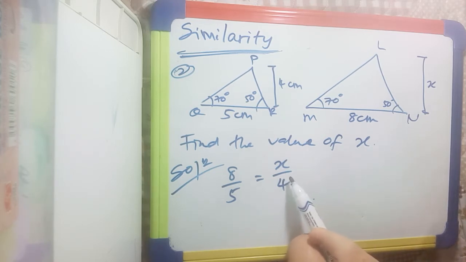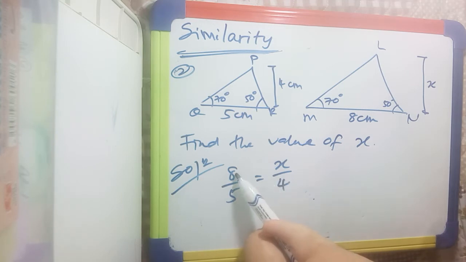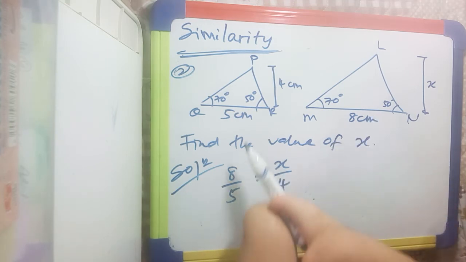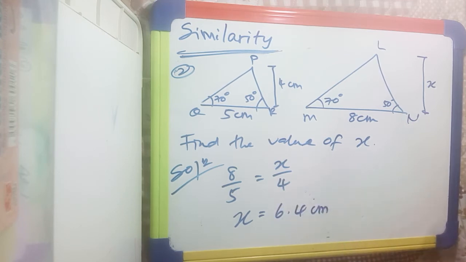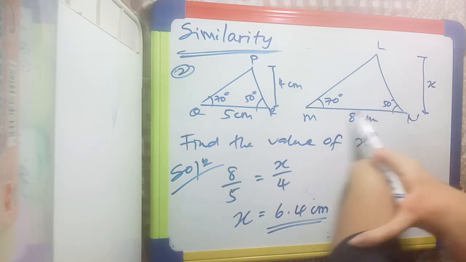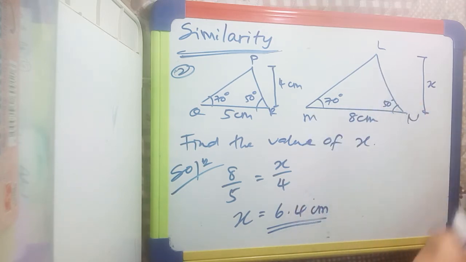I use the big over small formula. 8 is from the big triangle, 5 is from the small triangle, x is from the big triangle, 4 is from the small triangle. Rearranging, you get 32 over 5, which is 6.4 cm. So this is the height of triangle LMN.